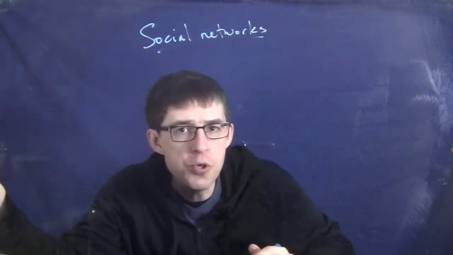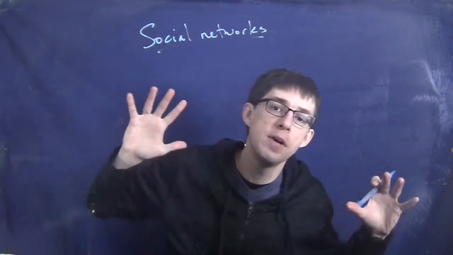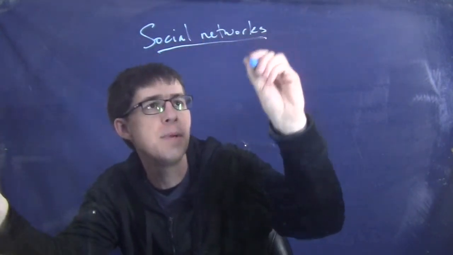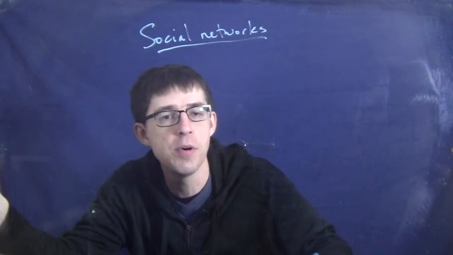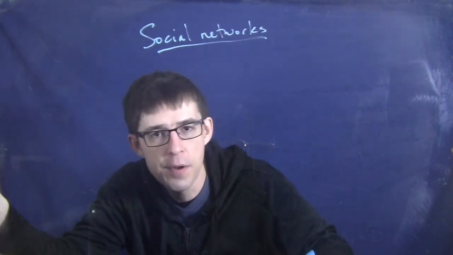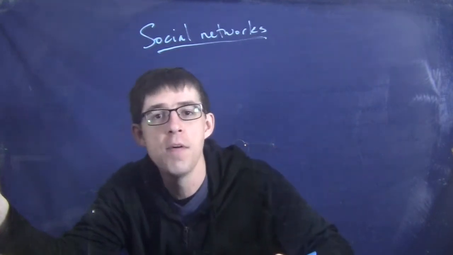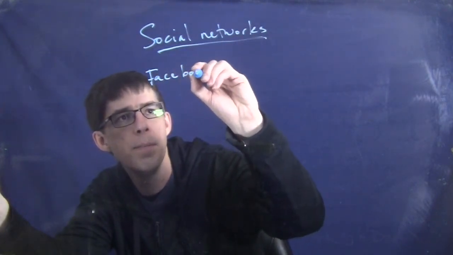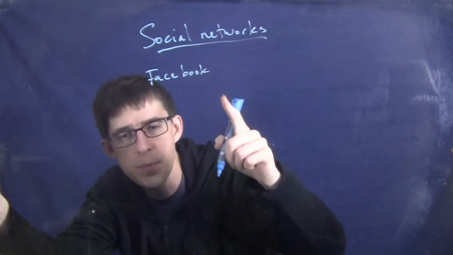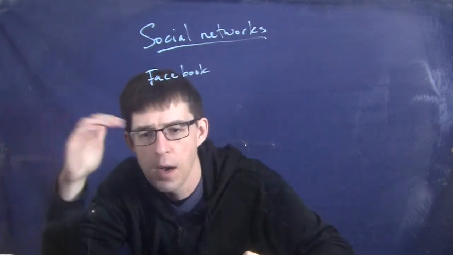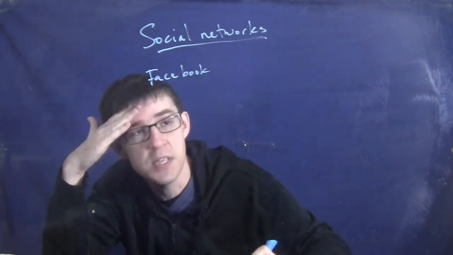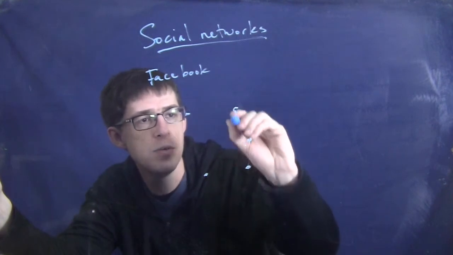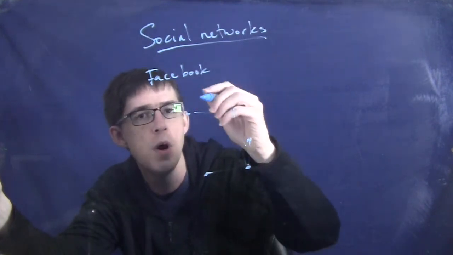How about social networks? This is yet another level of abstraction away from real physical things. Social networks, like Facebook or Instagram or Twitter, also function like graphs. I'll just take Facebook as an example, because it's a simple one. On Facebook, the vertices in this graph are people who have Facebook accounts, and some of them are connected to one another and some of them are not, according to who are friends, right?